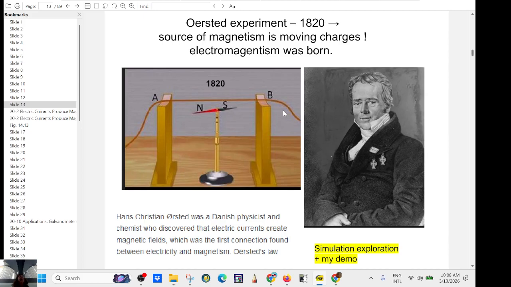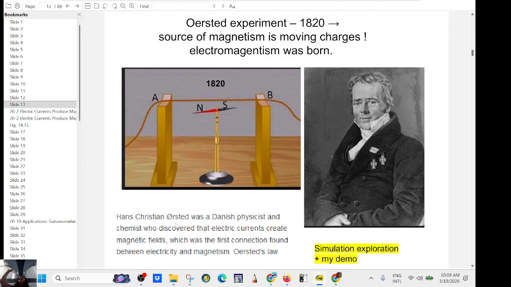It was a big breakthrough because until then, they thought that magnetism and electric fields, or electrostatics, had no connection between them. And all of a sudden, they found a connection. So that was a big breakthrough. Electricity, or moving charges, create magnetism. It's the very famous Oersted experiment.